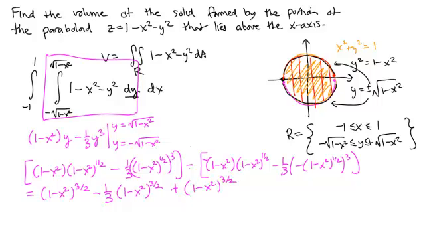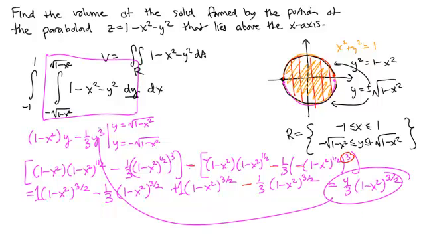And last but not least, we have a negative, negative, negative cubed, which would be negative 1/3 of 1 minus x squared to the 3/2 power. So we have one of these, take away a third of these, add one of these, take away a third of these things. That's 2 minus 2/3, 1 1/3 of these 1 minus x squared to the 3/2. So this is our inside bit.